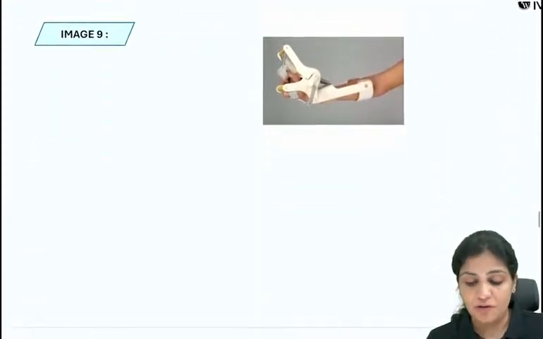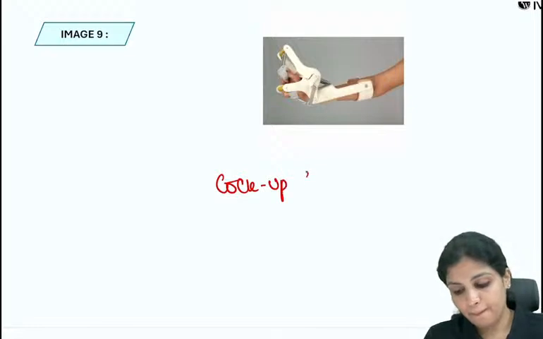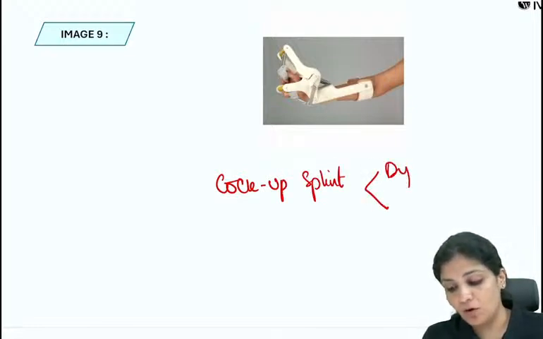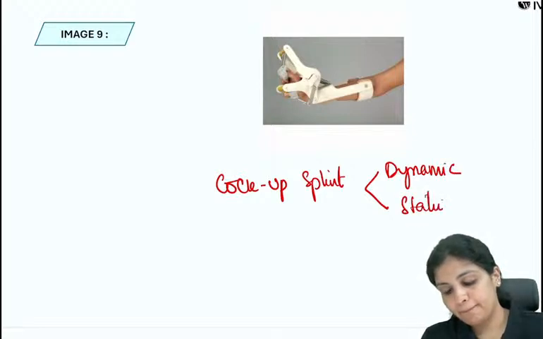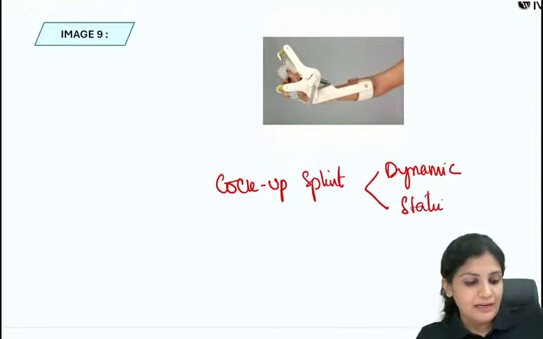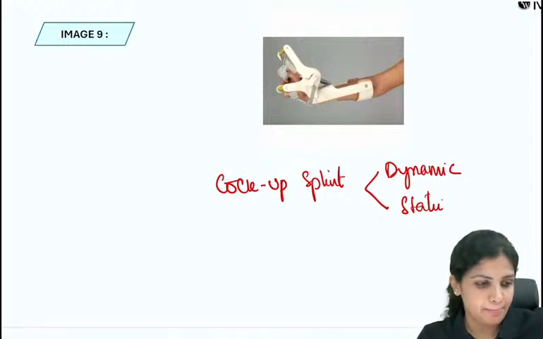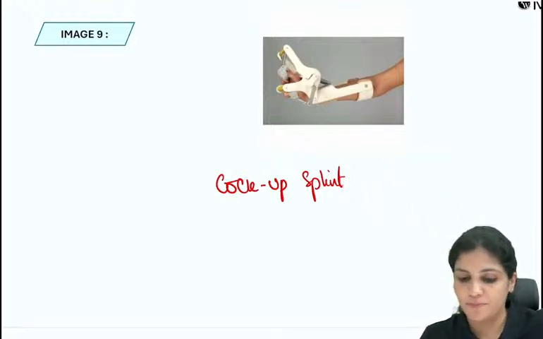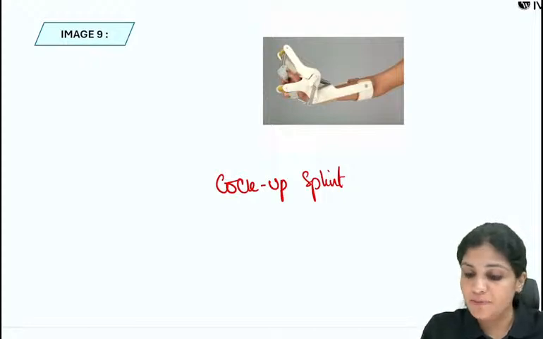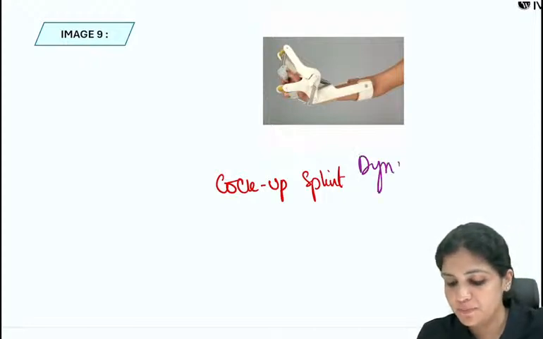And what is this? This we have already discussed. What is this? This is dynamic or static? Yes, very good. This is a dynamic cock-up splint. So this dynamic cock-up splint, why? Because you can see there are springs, right?